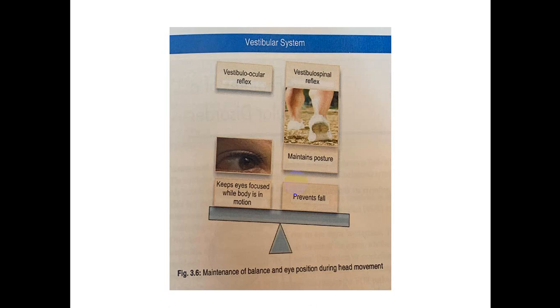The vestibular system is responsible for maintenance of balance and posture and prevents falls through the vestibulospinal reflex, and keeps the eyes focused while the body is in motion through the vestibulo-ocular reflex.